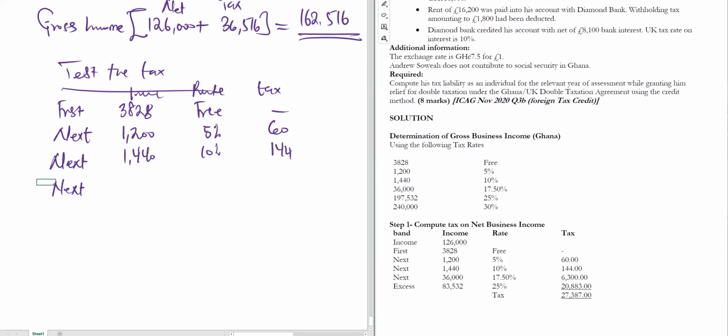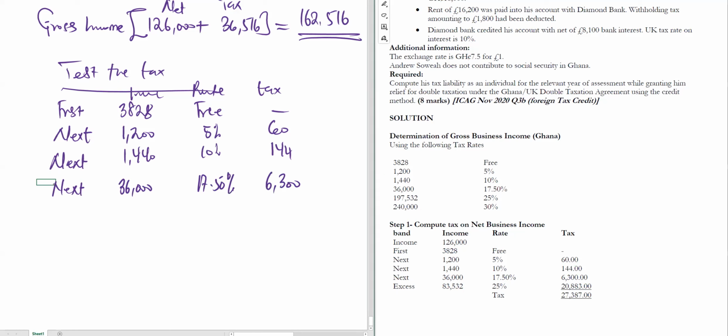36,000, the net. The next was what? 36,000 at 17.5%, right? 6,300.